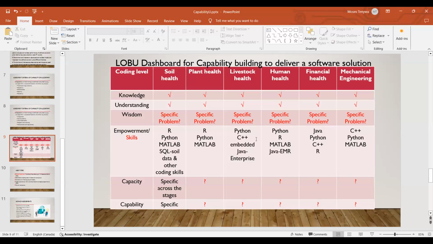He was asking, especially starting out, you have a specific problem you want to address. It may be in livestock health. There are so many practical problems that you have in livestock.